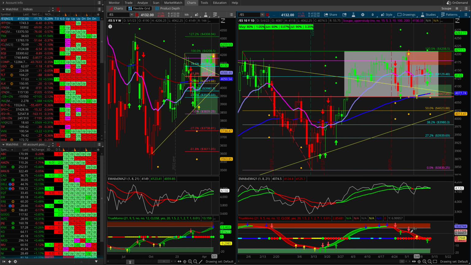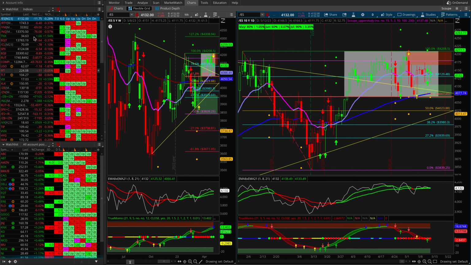We are on the TrueMomo indicator on the bottom right hand side. It's red, so it's been going down, but we got a buy signal on Thursday. This is the S&P 500, by the way, and it's still on a buy signal for Friday's action, even though it pulled back a little bit.